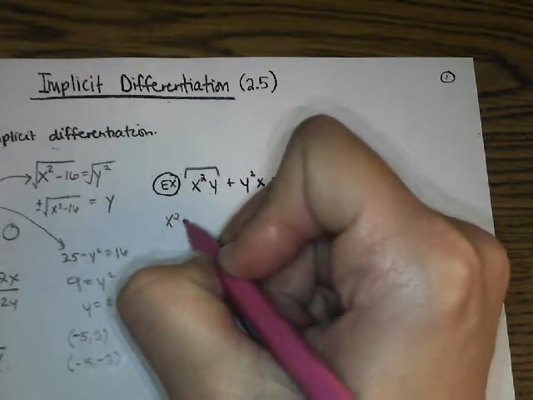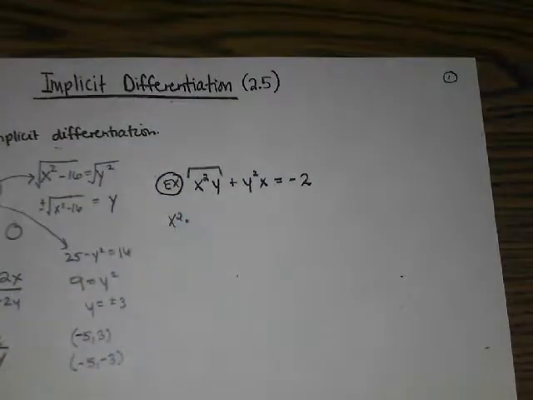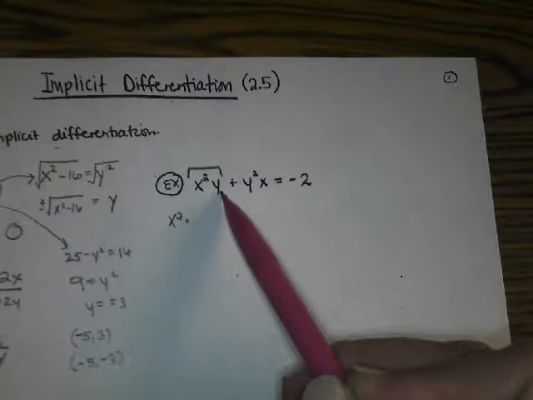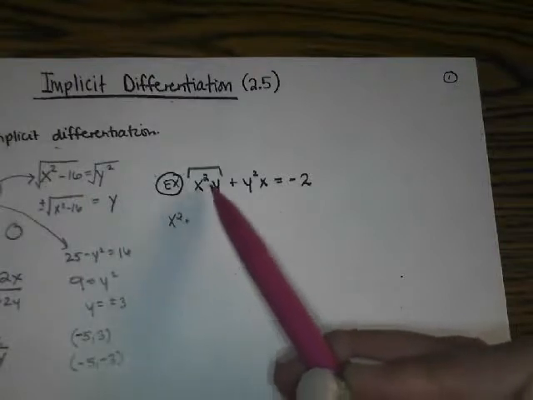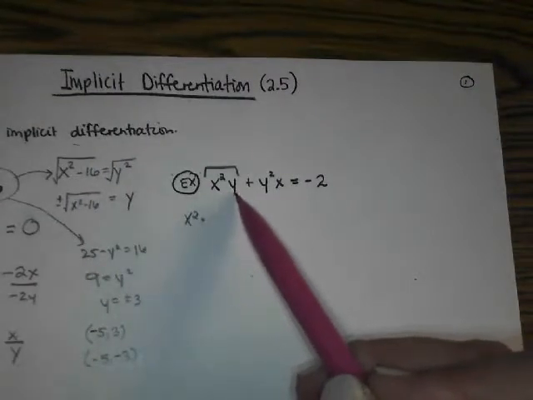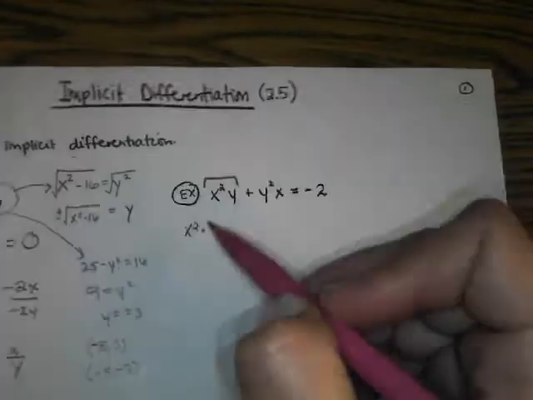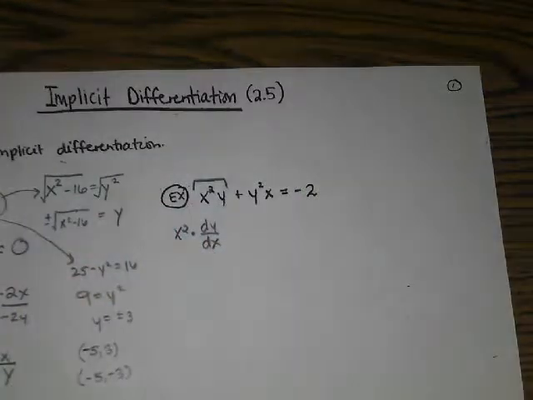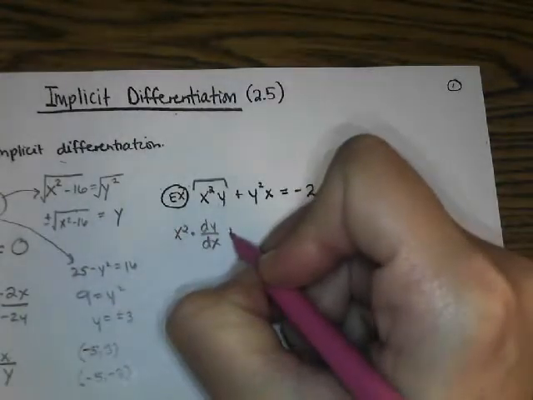The derivative of y is 1 times dy/dx. Anytime we're not taking the derivative with respect to x, we need a dy/dx. So first times the derivative of the second, plus the second, which is just y, times the derivative of the first, which is just 2x.